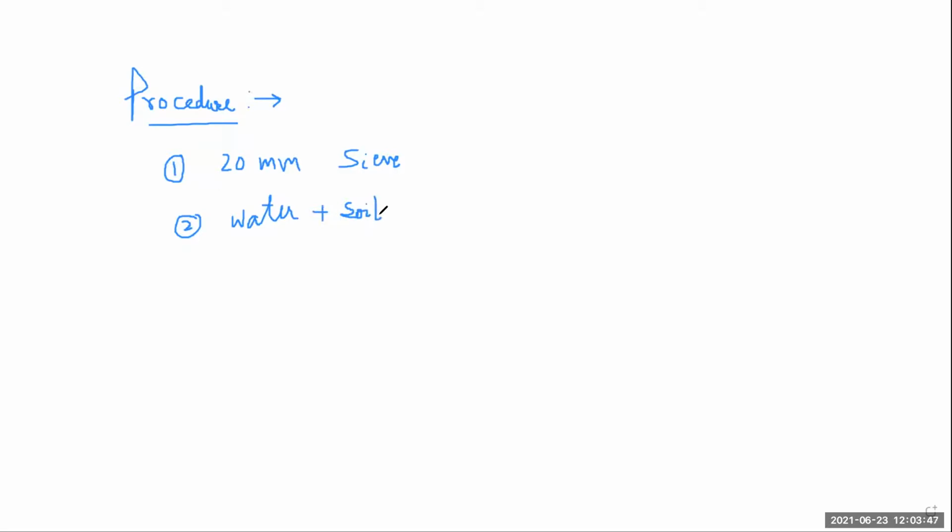Next, the prepared soil-water mix is divided into three layers. The mold is cleaned and oil is applied. Then one third of the mold is filled with the prepared soil. That layer is compacted by giving 56 blows using a rammer of 2.6 kg with a free fall of 310 mm.